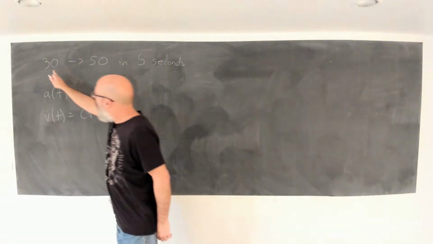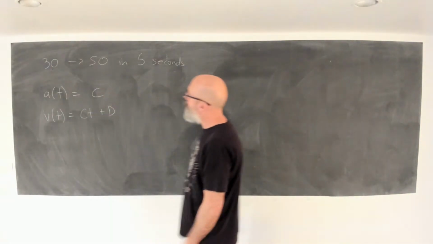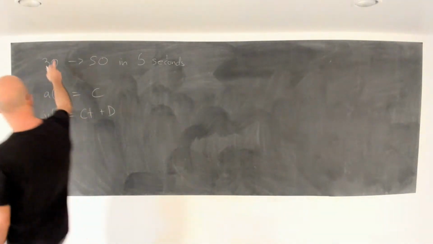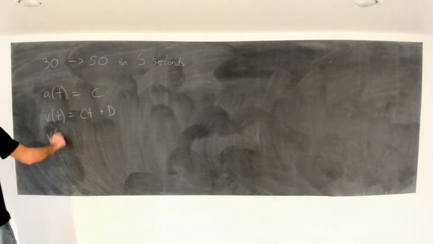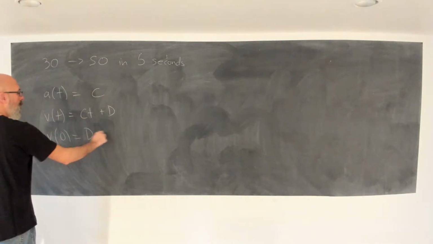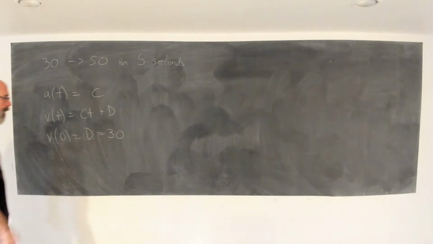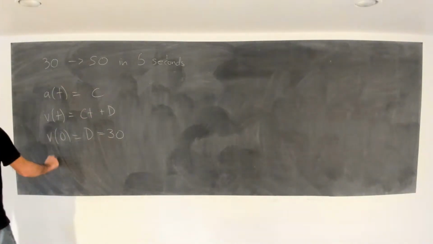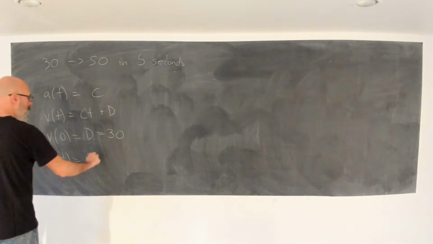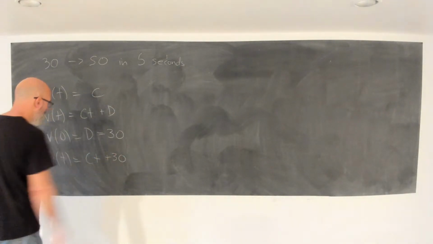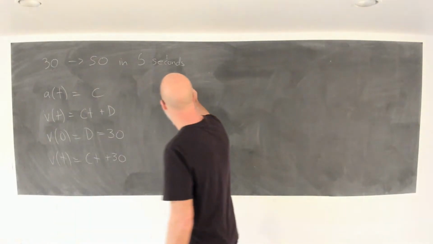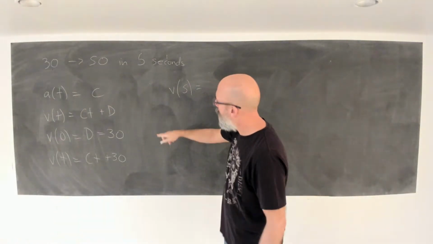Now, you're starting out with a speed of 30. So when t is 0, you're already going at 30. So the velocity is now ct plus 30. And 5 seconds later, what is that?